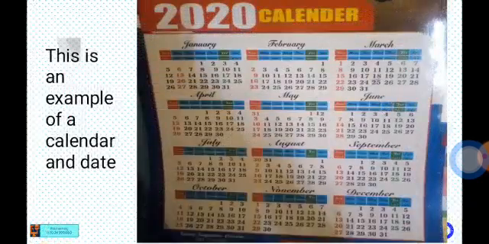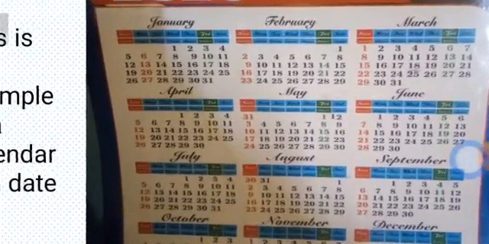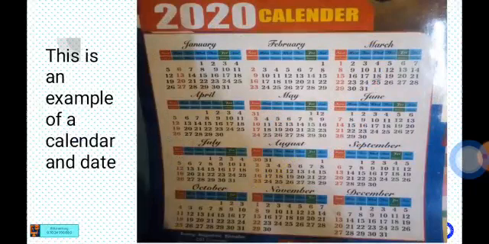Now, this is an example of a calendar and date. If you look at it now, it is the calendar 2020. From this calendar, you identify that we have 12 months in a year, starting from January, February, March, April, May, June, July, August, September, October, November, and December. Also from this calendar, you identify some months that have 30 days, some have 31 days, and one has 29 days.